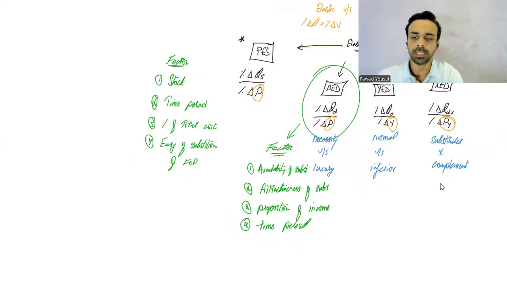So let me bring some questions up. We'll start with the basic elasticity scale. A simpler question I think we can start off with is a simple eight marker.